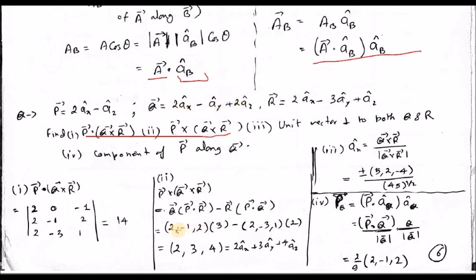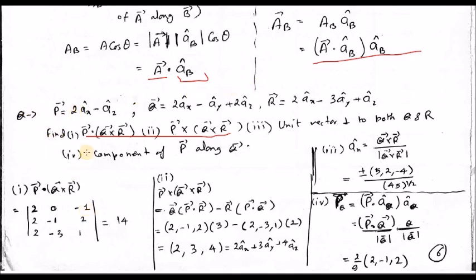I have written it like this because you can write it as 2ax minus ay plus 2az also, but I have shown that we can write the vector like this too, just for simplicity. And p dot r is what? We will multiply it component wise because it is a dot product, so x components get multiplied together, y components together, and z components together.